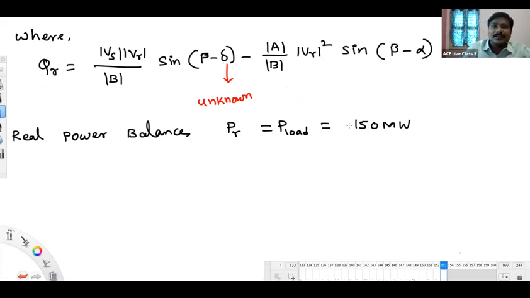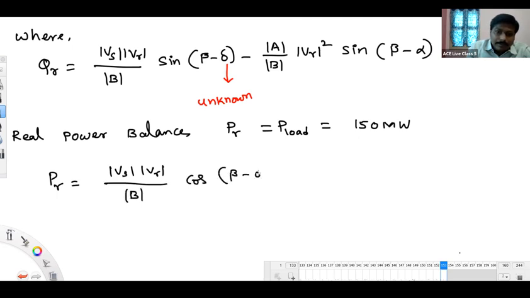By doing that substitution, we will get that angle delta, which we will substitute back into the QR equation. So I'll write the PR equation: mod VS, mod VR by mod B, cos of beta minus delta, minus mod A by mod B, mod VR square, cos of beta minus alpha.